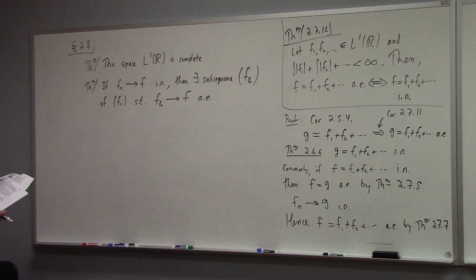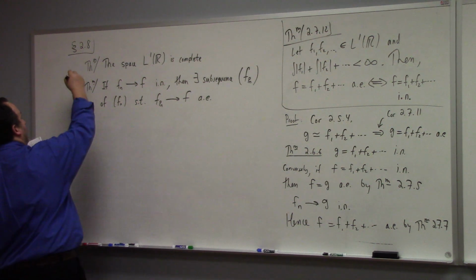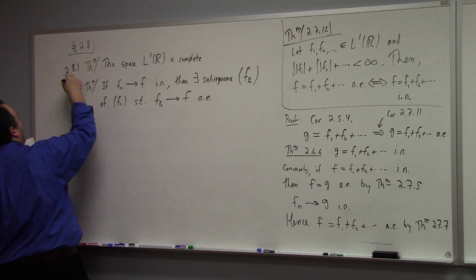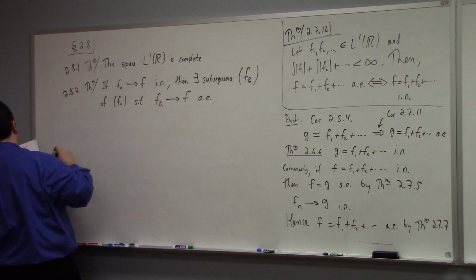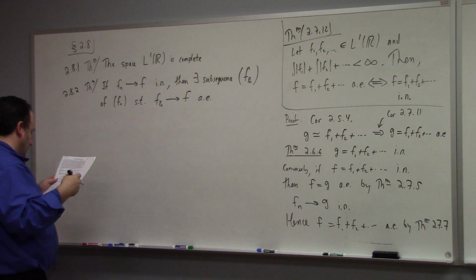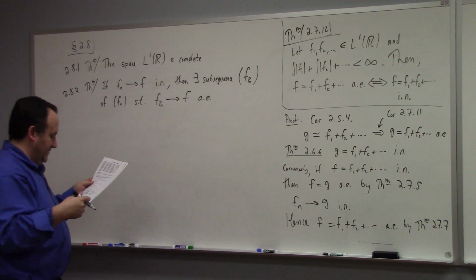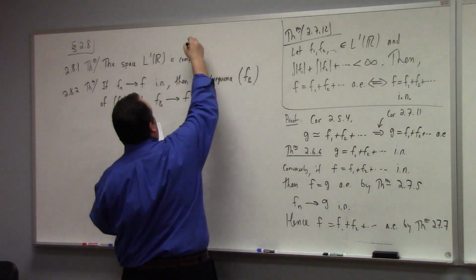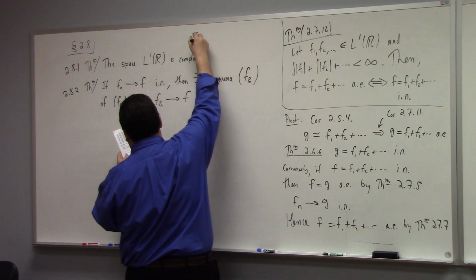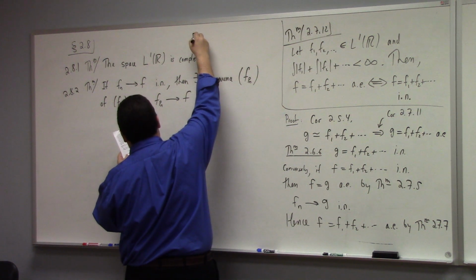All right. Let's see here. What does he tell us about this? He says this is 2.81, 2.82. Okay. And he says that these are attributed to, oh man, I don't know if I can say his first name, Frigyes.